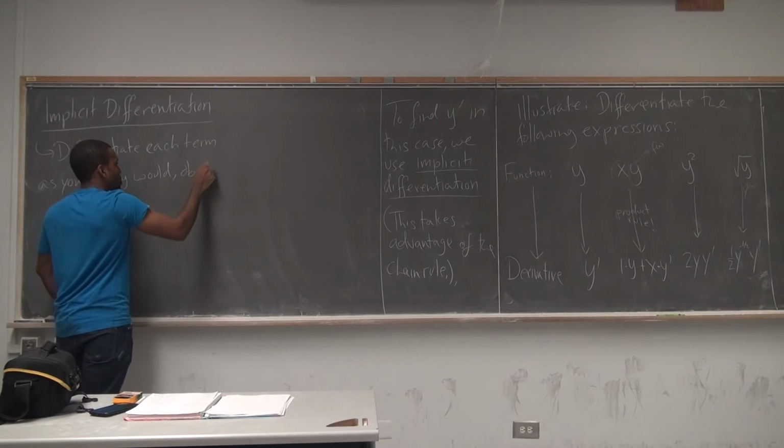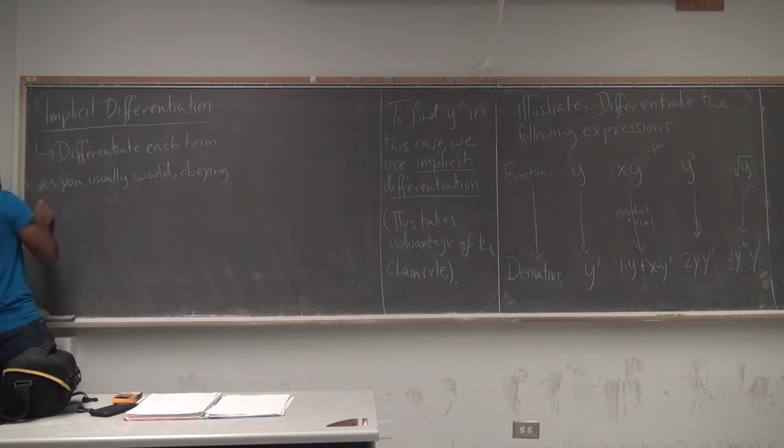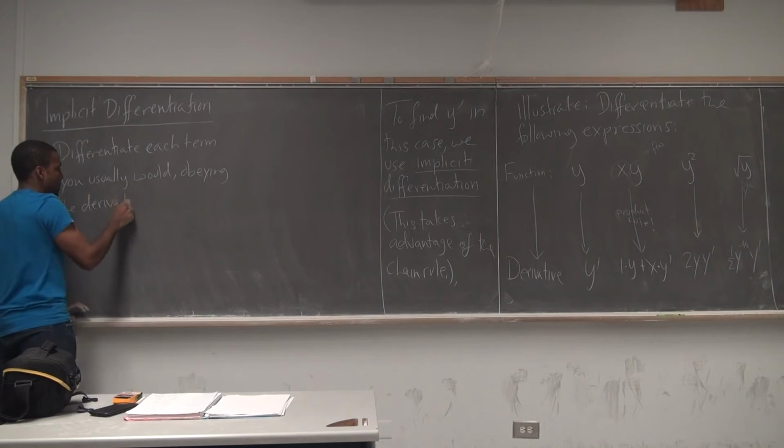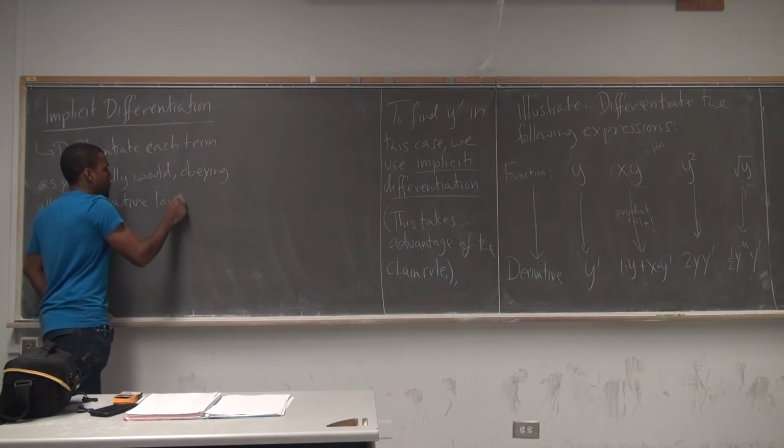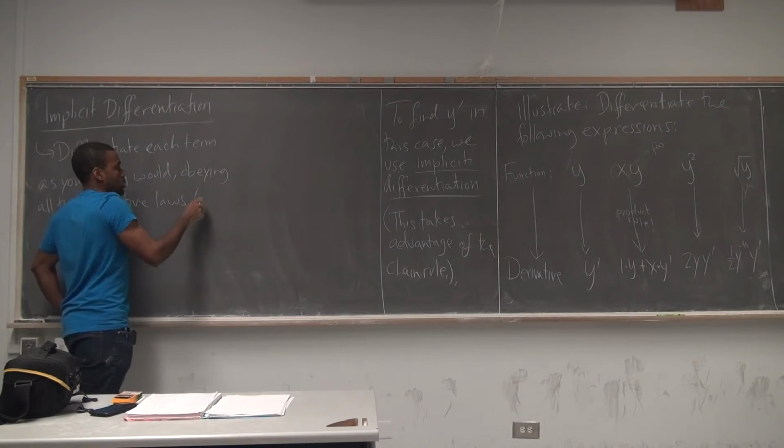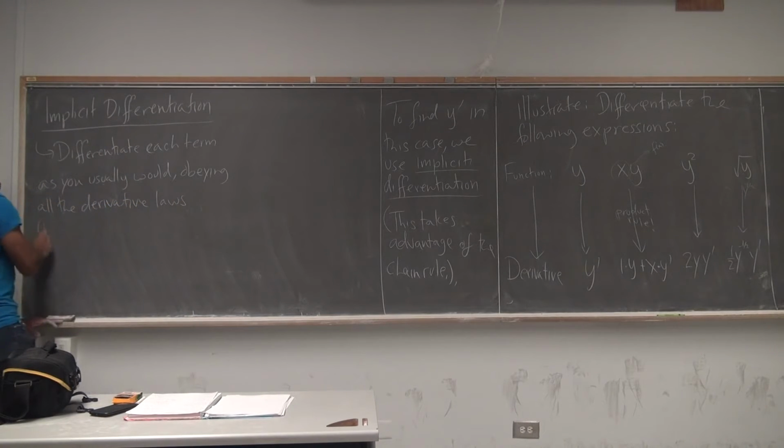You obey all the old derivative laws, they still apply. Right, so you can't forget things like the product rule, quotient rule, chain rule, power rule, they all still apply.